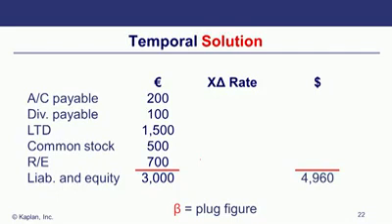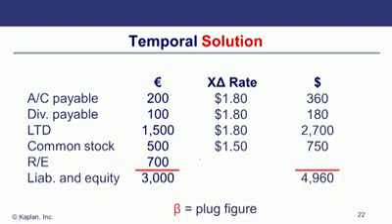Dividends payable, well, actually, I should say the dividend will be at the historic rate when declared, but dividends payable, of course, is a monetary liability because we're going to settle it in cash, so we should use the closing rate for that. Long-term debt, closing rate again, $1.80. The common stock, and really we're saying common stock and additional paid-in capital, historic rate when they were issued.